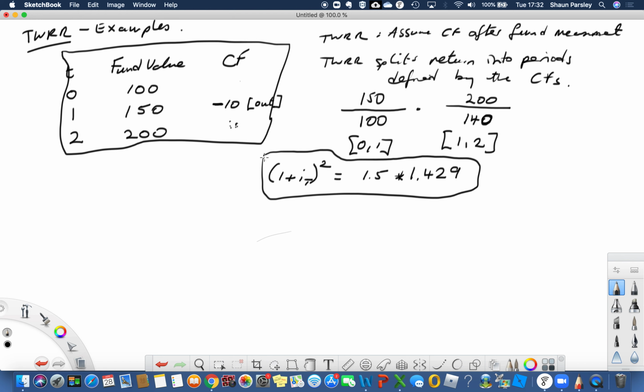I'll let you solve that. Now we're going to do the same example again, but this time we're going to assume cash flows before fund measurement.